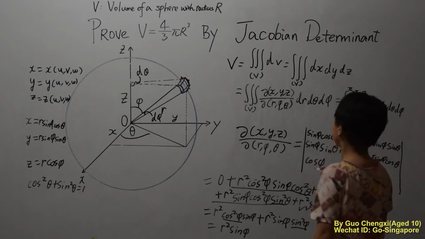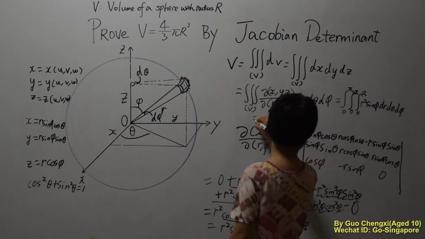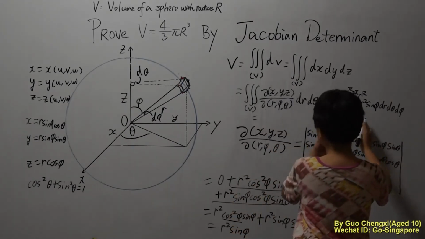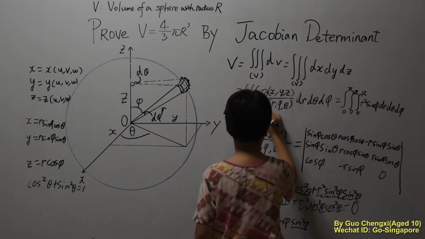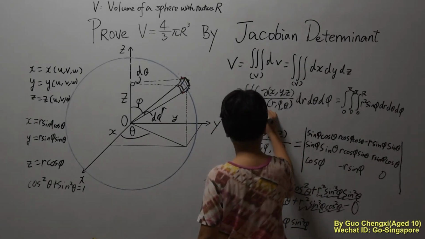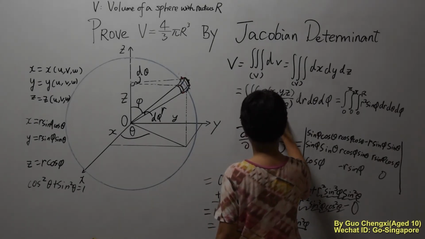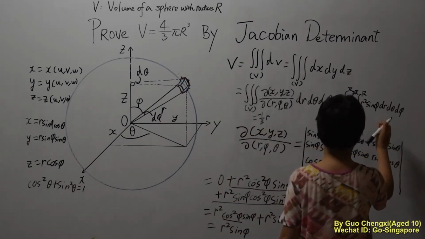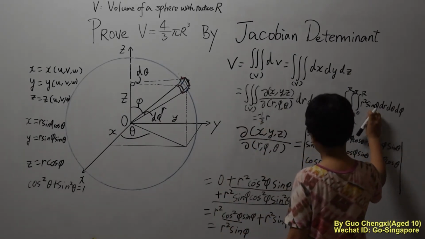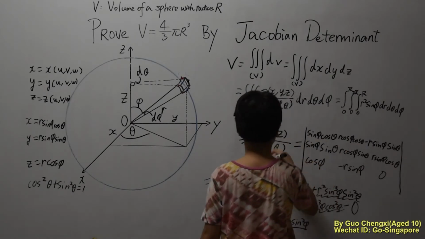So for this part, over here, if you straight away do it, it will be negative 1 over 3. There's a negative because over here there's sine phi, okay?